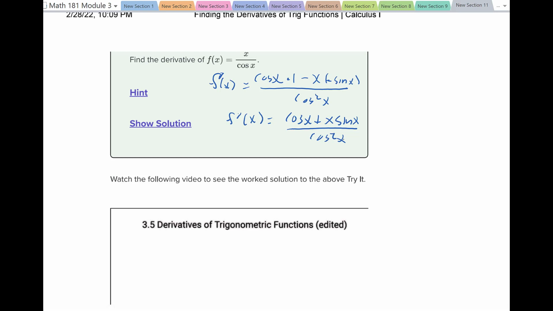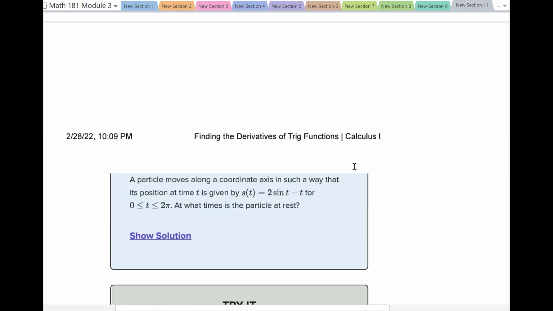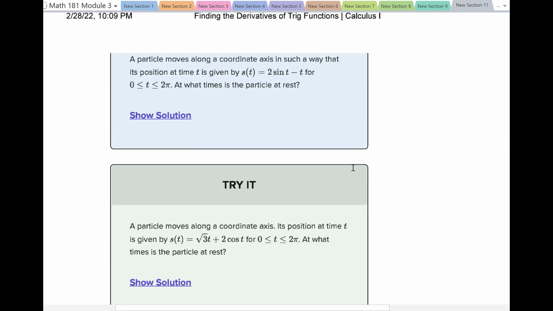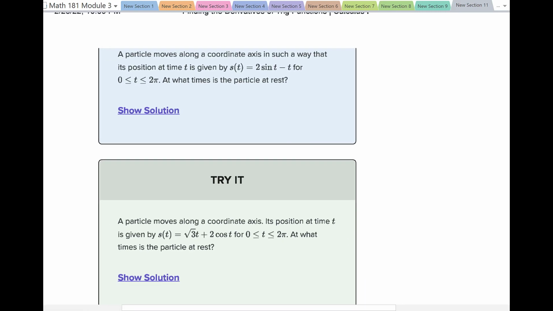Okay, let's go on to the next one. A particle moves along a coordinate axis in such a way that its position at time t is given by s of t equals 2 sine t minus t. At what time is the particle at rest? So what we're going to do is take the derivative.